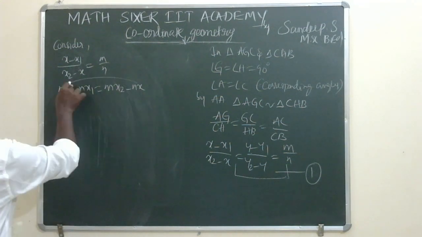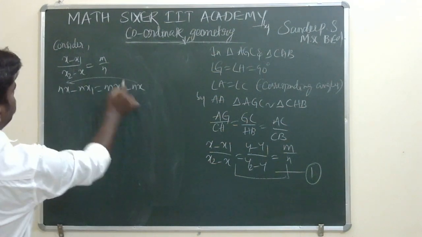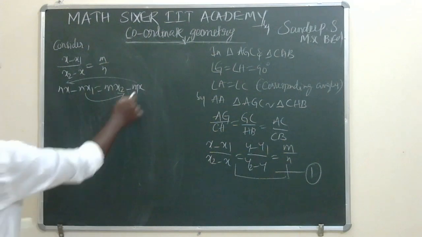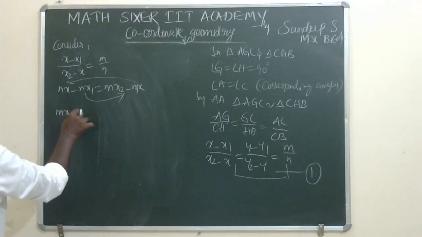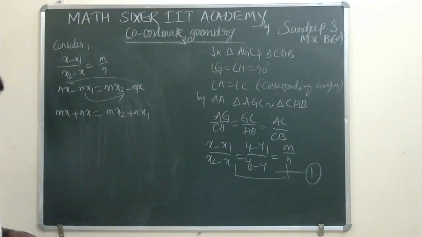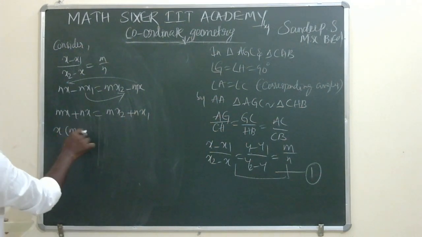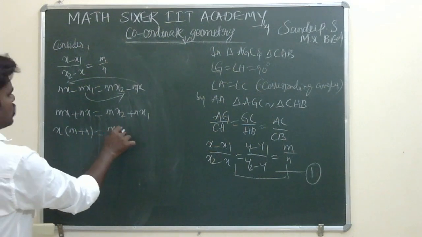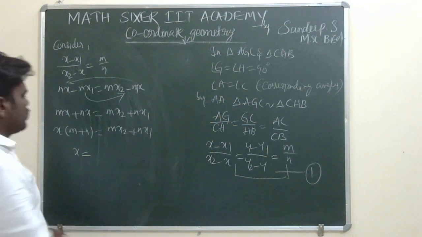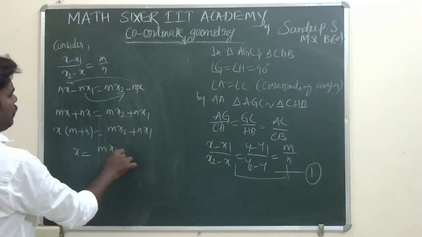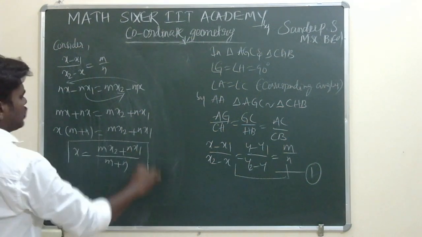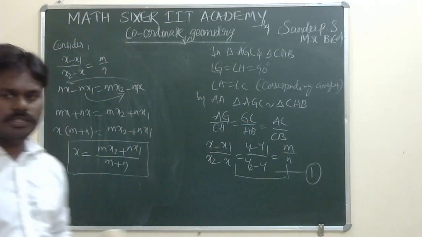Now take this term to this side, and this term to that side. So mx plus nx is equal to mx2 plus nx1, and taking x common, (m plus n)x is equal to mx2 plus nx1. We get the value of x, which is equal to (mx2 plus nx1) by (m plus n). This is the x coordinate of the point C.